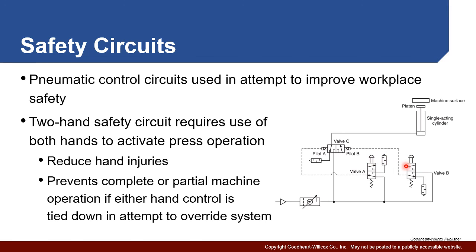Until both valve A and valve B are depressed, the cylinder is not going to move over here. And the whole idea of this is to make sure that your hands are clear and prevent any type of machine operation which could hurt you or damage your hands in any way. So you essentially have to keep your hands out of the way.